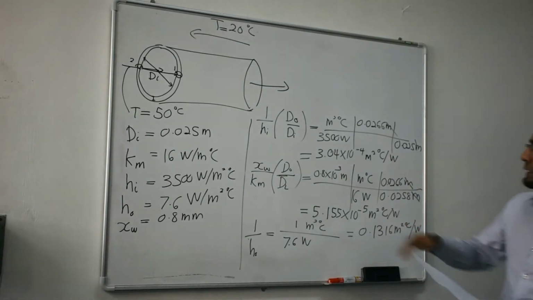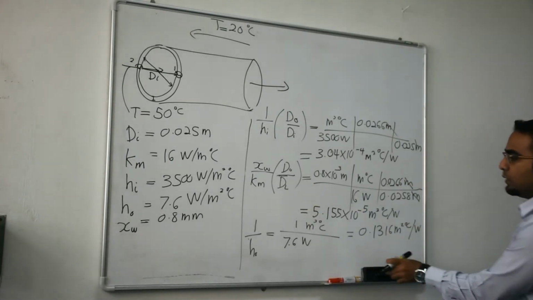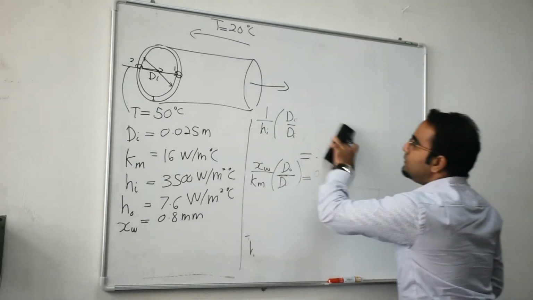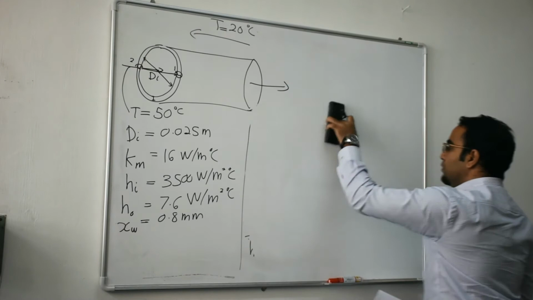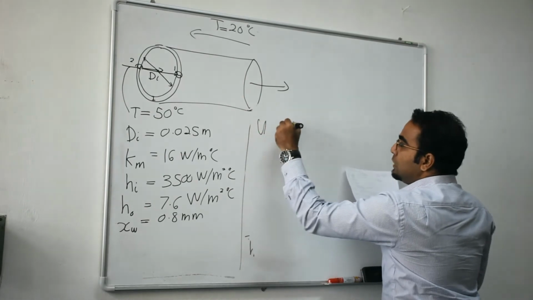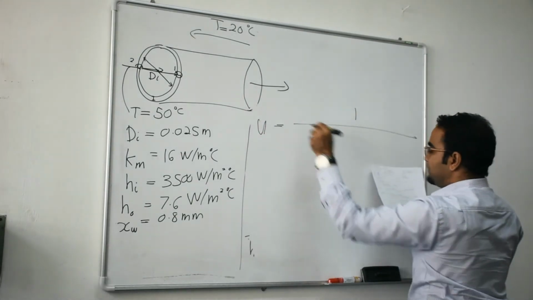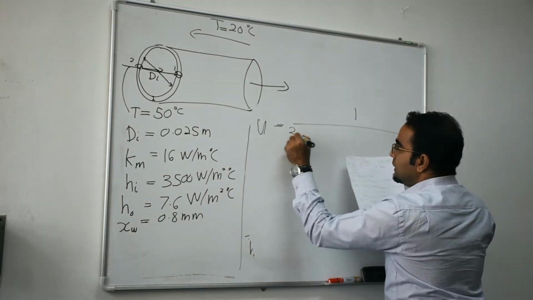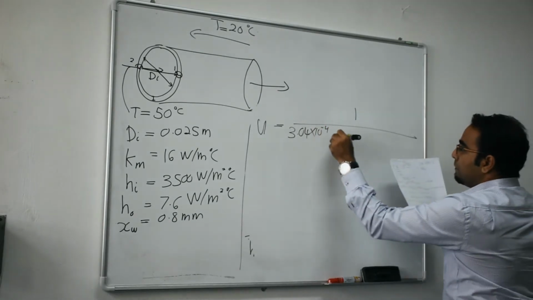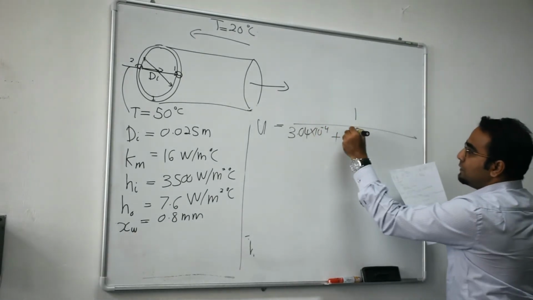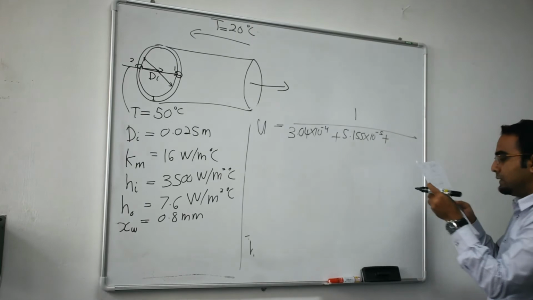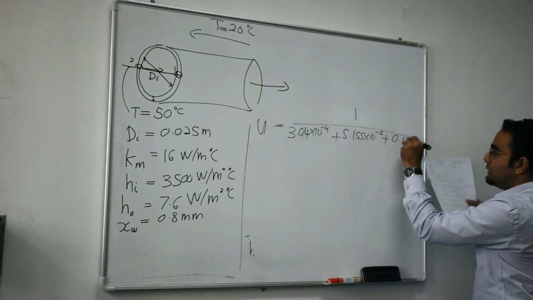So now you know the value of each of the terms. So we can just substitute all these values into our UO equation, and we get the value of UO. So again, one more time, UO is equal to 1 over, the first value is 3.04 times 10 to the power of negative 4, plus the second term, 5.155 times 10 to the power of negative 5, plus the third term, 0.1316.